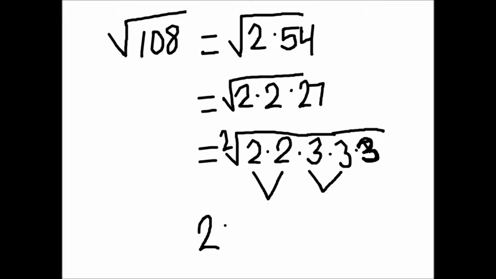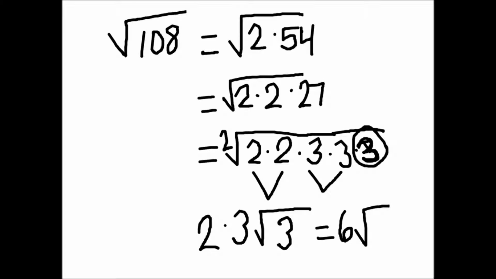You multiply when you bring them out, 2 times 3, and you realize that you have one 3 left under your radical. So that goes here. So we simplify, and we see that we have 6 root 3. And that is your answer. Okay?